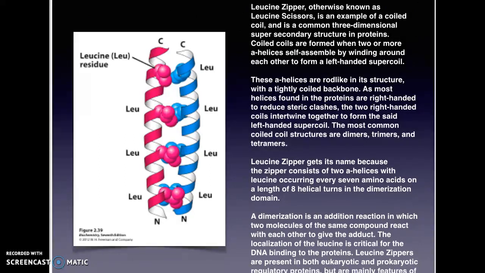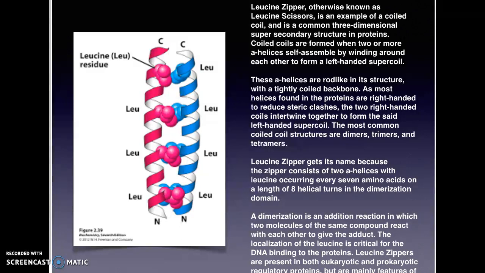These alpha helices are rod-like in structure with a tightly coiled backbone. As most helices found in proteins are right-handed to reduce steric clashes, the two right-handed coils intertwine together to form the said left-handed supercoil.